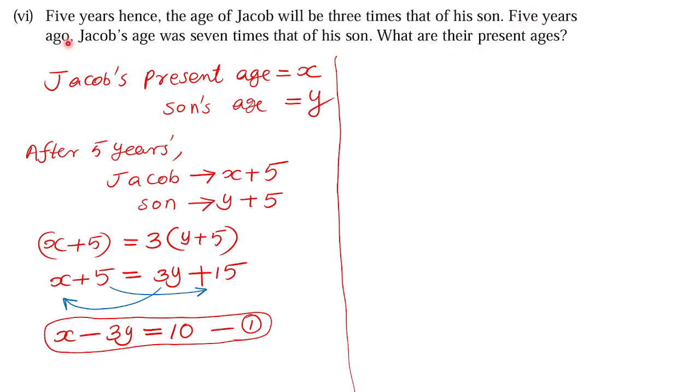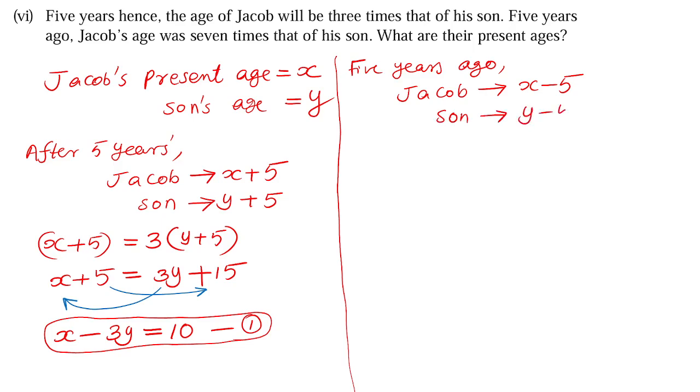5 years ago. 5 years ago, right? Jacob's age will be what? Jacob's age will be x minus 5. What is the reason? Because present age is x. Understood. Present age is x. 5 years ago, his age will be x minus 5. The son's age will be y minus 5.